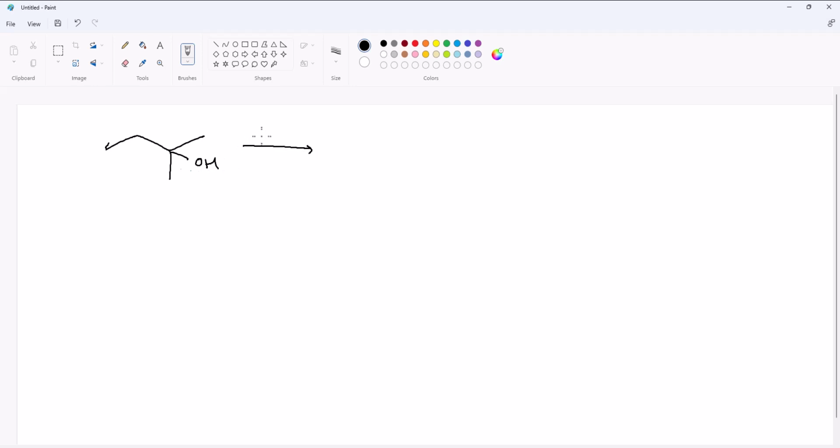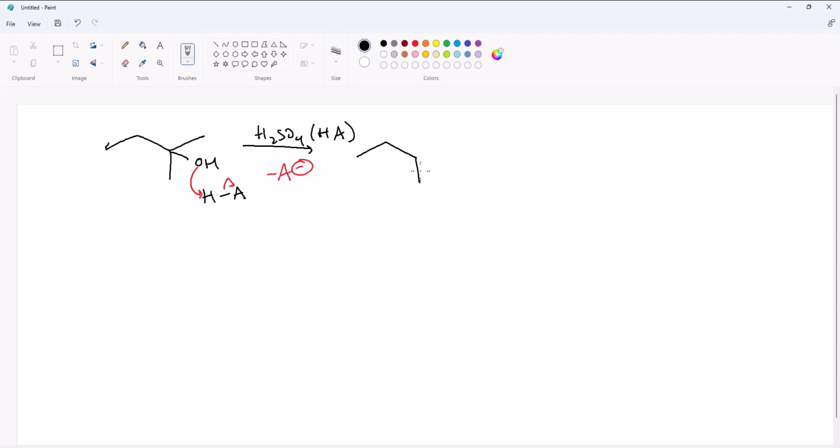As we saw, this requires an acid catalyst, so I'll say H2SO4, which I will abbreviate as HA. The first step of this mechanism is protonation of the alcohol by the acid. So OH gets protonated, and we lose A minus.